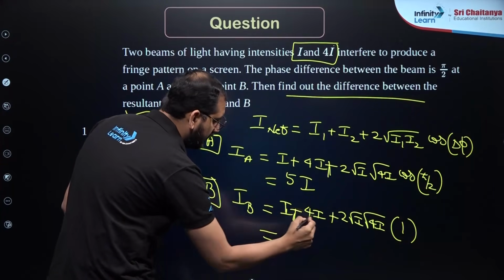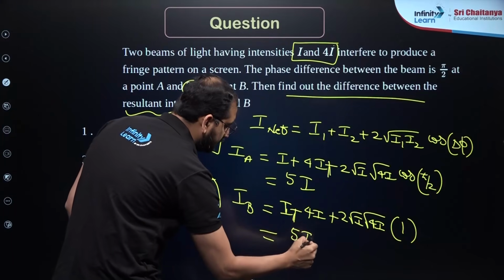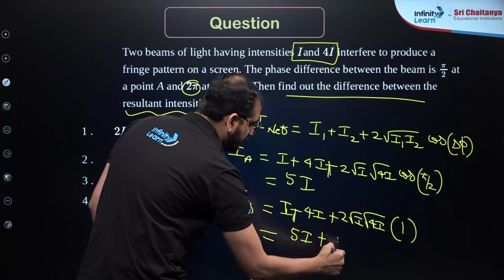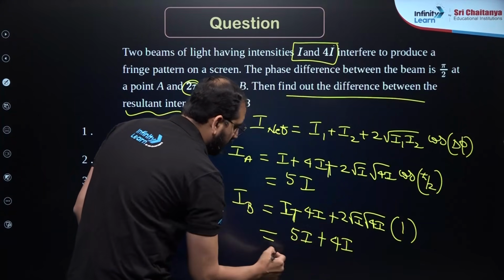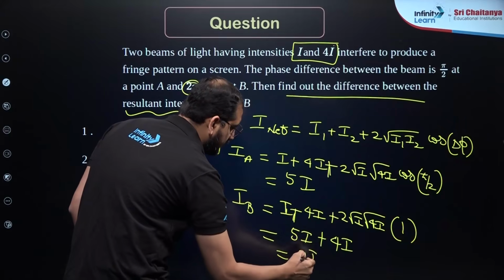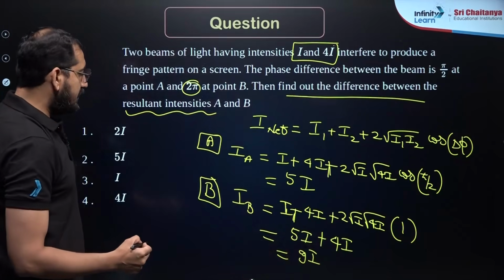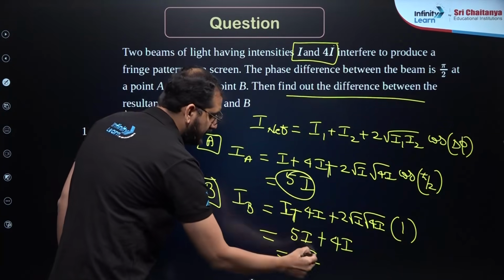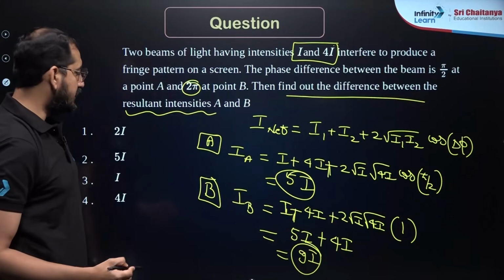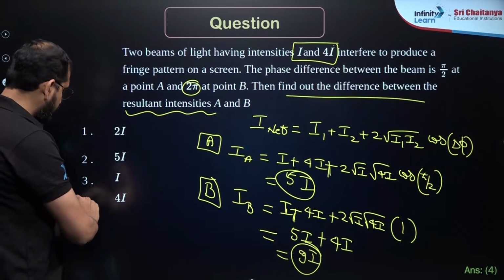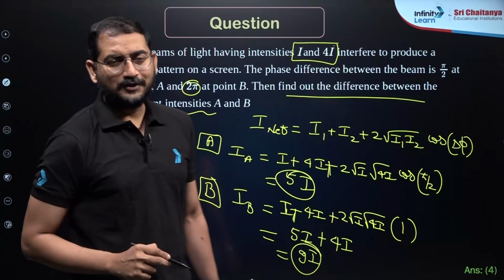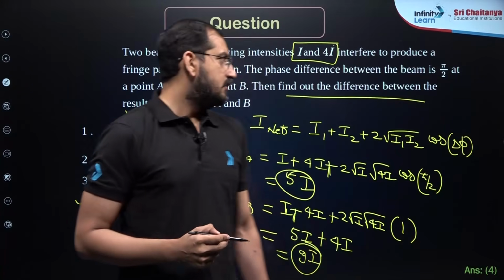So this is I plus 4I, 5I, and 4I, so this will give us 9I, right? If I take the difference of this and this in the absolute terms, I am going to get the value 4I. So option 4th will be your right answer. Okay. Let's move ahead to our next question.